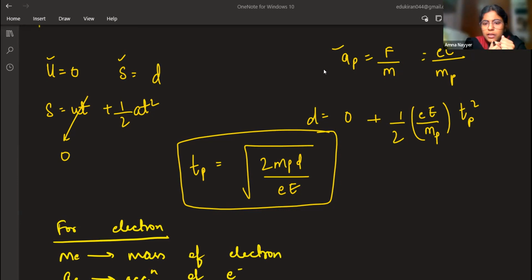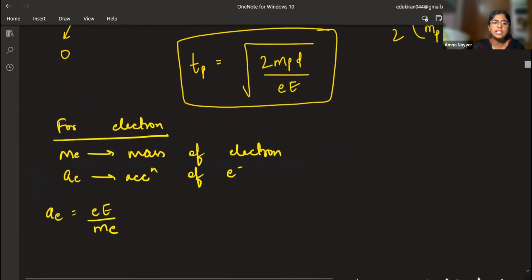D distance, right? So see, the d separation is the same for electron as it was for proton. Small e, the electronic charge, is the same for electron and for proton. Both are under the influence of the same electric field, so the electric field will also be the same. So if you perform the entire calculation, it's just that in the calculation of acceleration, it is going to be eE by m e, that is mass of electron.